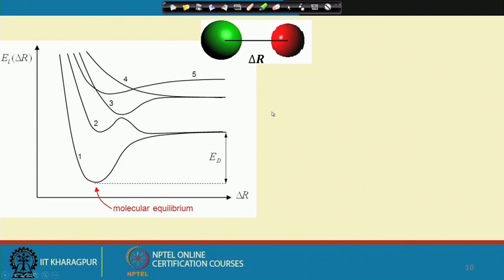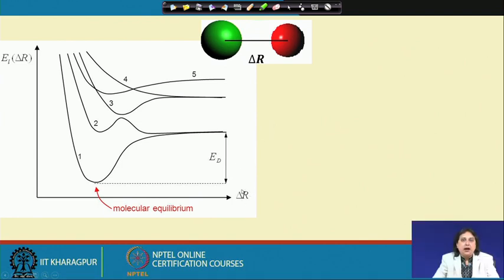So, different molecular geometries in this simple case can be generated for different values of this delta R. What we can do is, for different values of delta R, we can fix the nuclei of the two atoms at these different distances and solve the Schrodinger equation, and that will give me, at this particular value of delta R, the value of the electronic energy eigenstate corresponding to the ground electronic energy state.